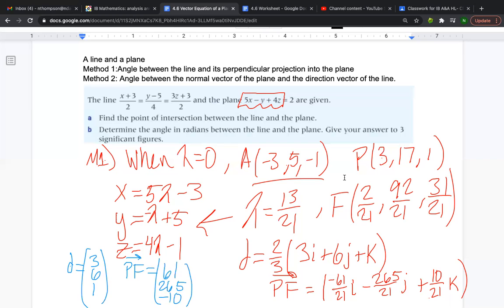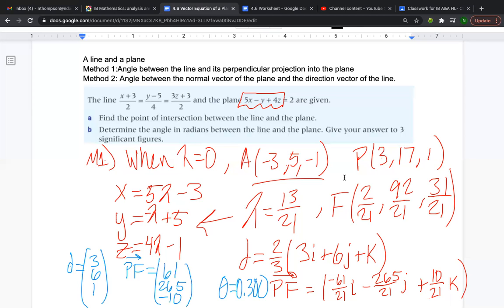So the cosine theta, and what you should end up getting is that theta is equal to 0.300. Now, all of that super ugly, gross numbers, but it's the same process that I've been doing the whole time. The only thing that I added was the PF step, coming up with our second point of intersection.